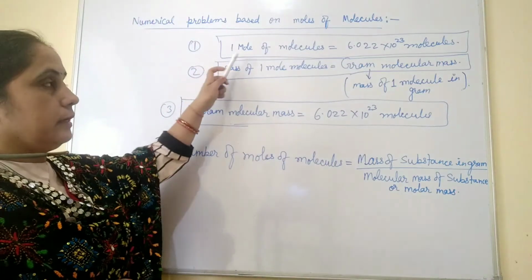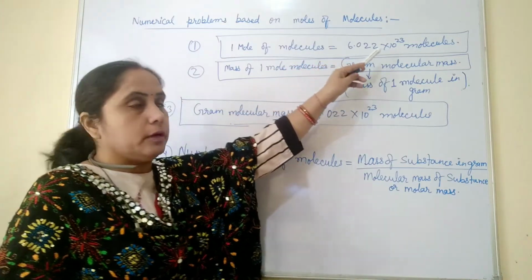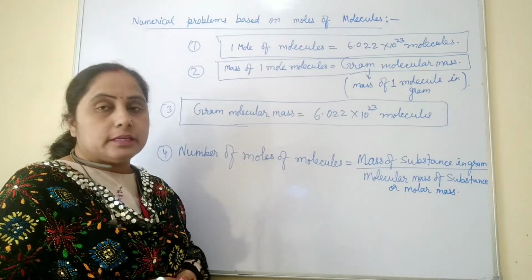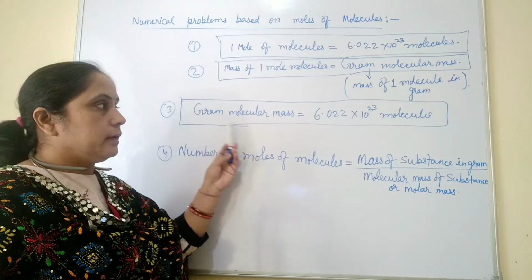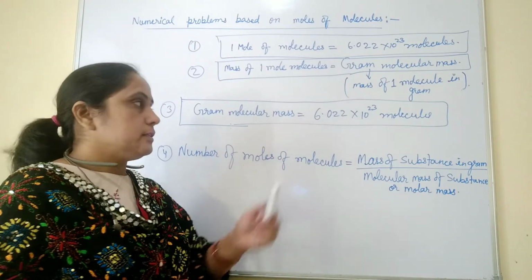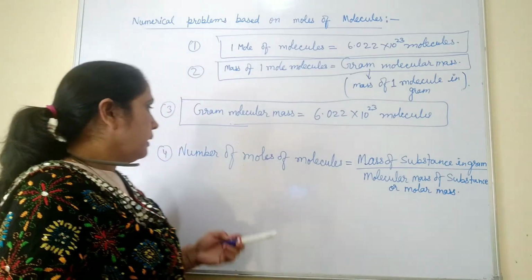One is: 1 mole of molecules means the number of molecules is 6.022 × 10^23. Second, the mass of 1 mole of molecules is equivalent to its gram molecular mass. And the third formula: the gram molecular mass of molecules means 6.022 × 10^23 molecules.